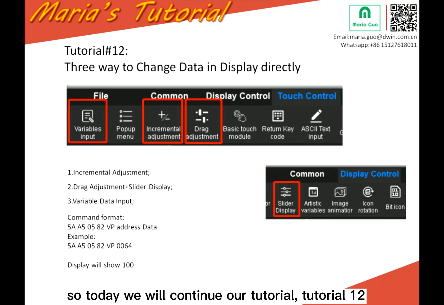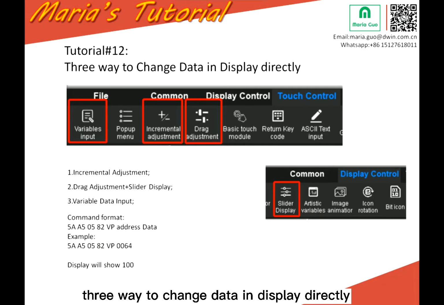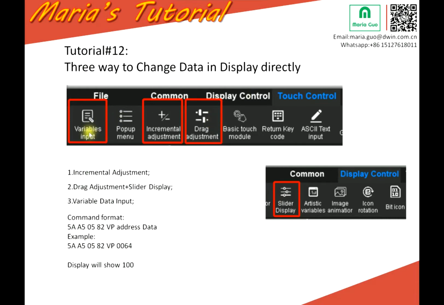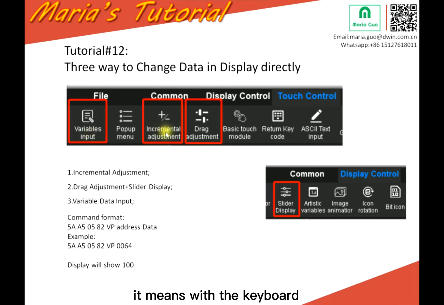So today we will continue our tutorial. Tutorial 12 is the 3 ways to change data in the display directly. Okay, so I list the ways to change the data. The first one is variable input, which means with the keyboard.